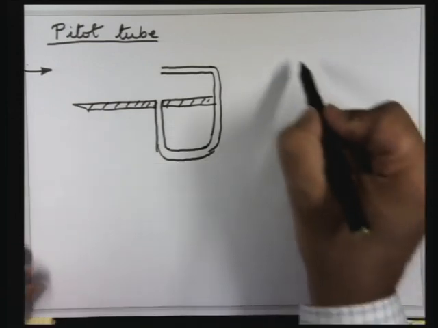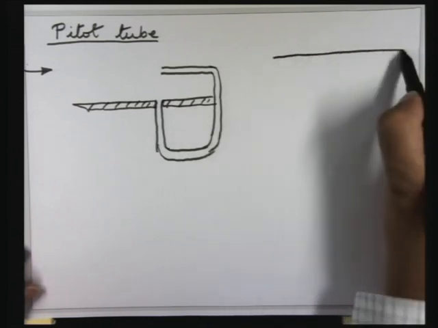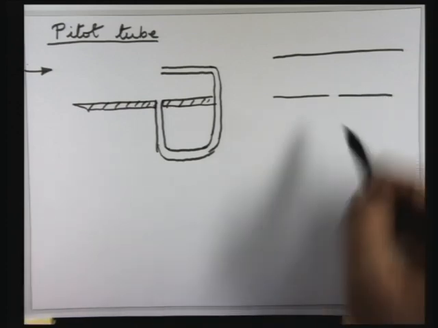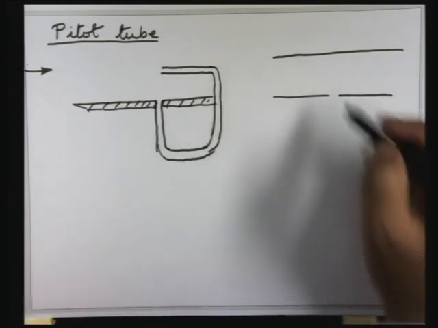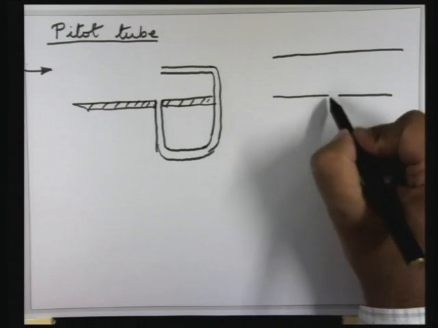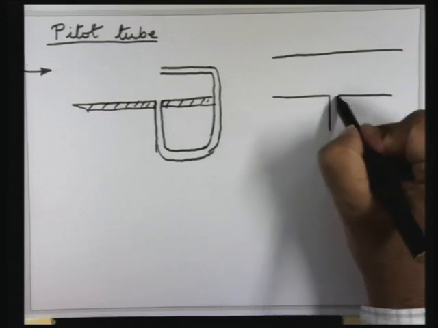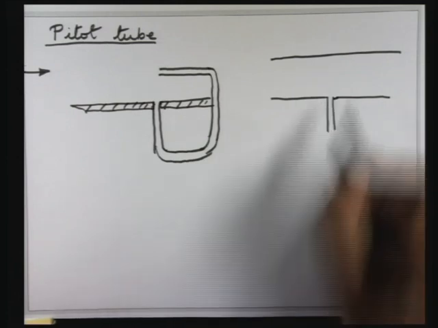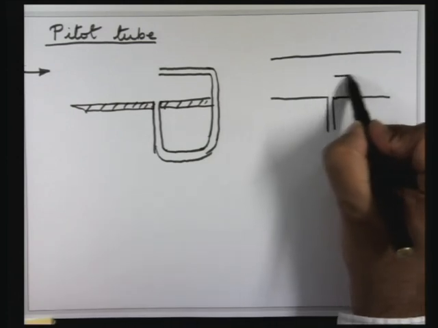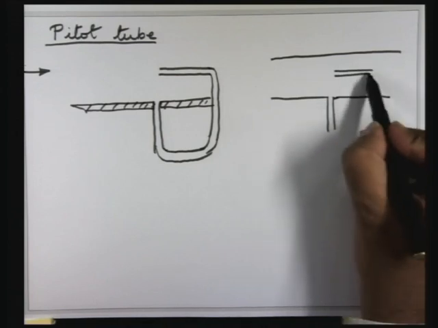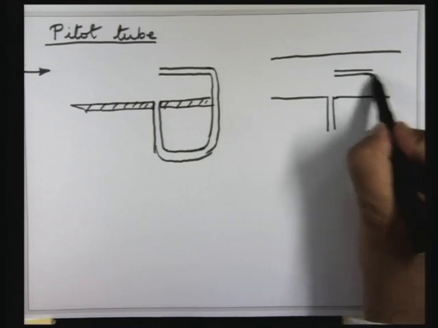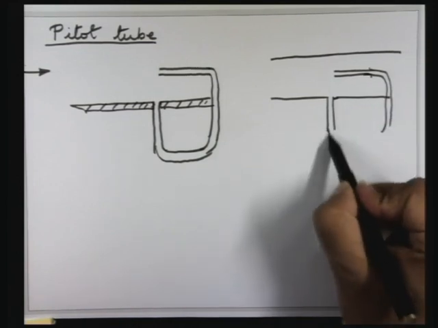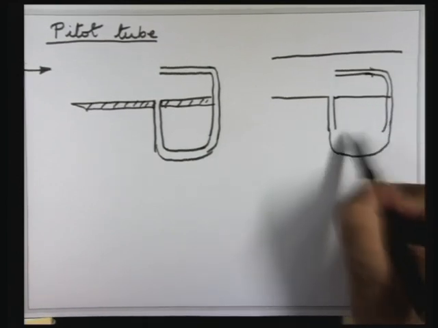So if I draw two lines, this could be two parallel plates, and you can have a hole drilled in one of the walls, and you attach a tube here, and you put another tube and you can connect it to a U-tube manometer.